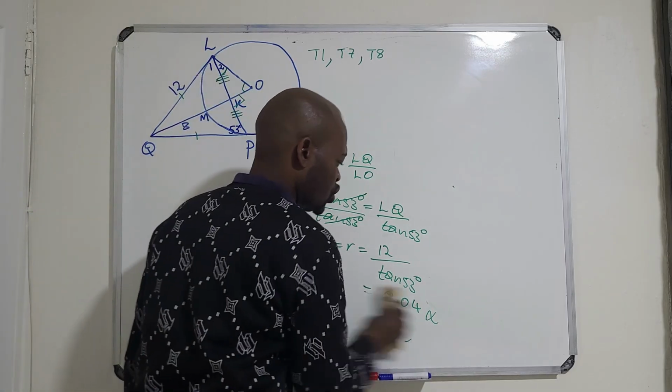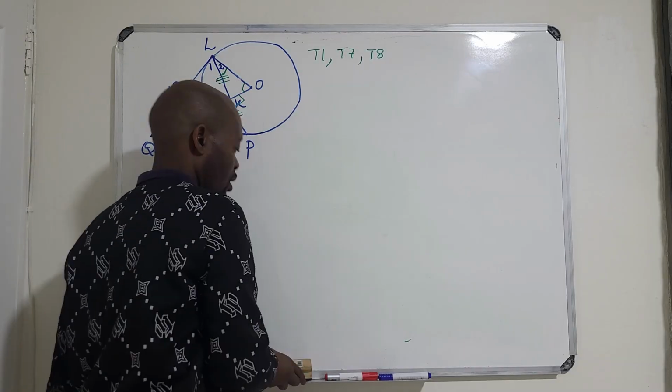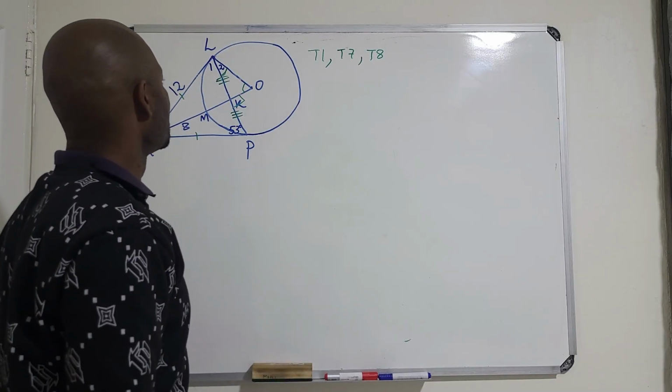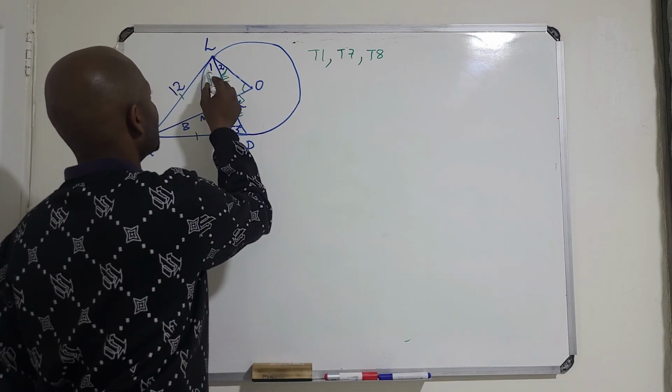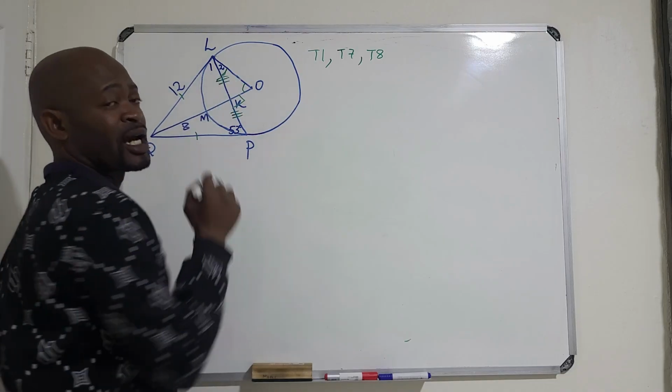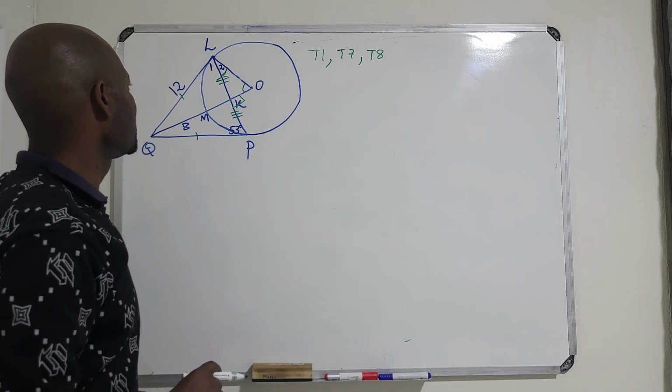Now, what we need to do in this problem is use Pythagoras theorem. We already know that angle L1 plus angle L2 is 90 degrees.